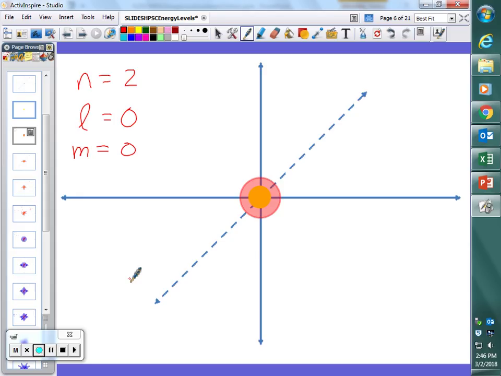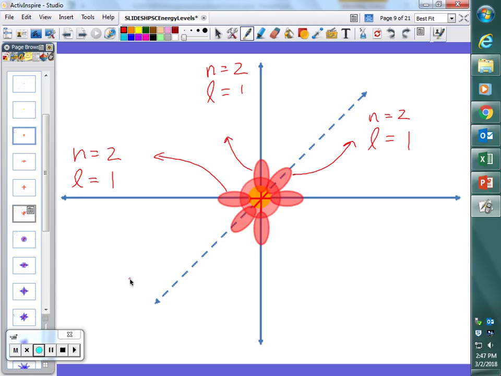Okay. Good there so far? This is where it starts getting a little tricky. All right. M values, all of these are going to have an m value.